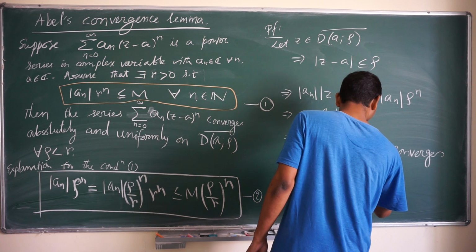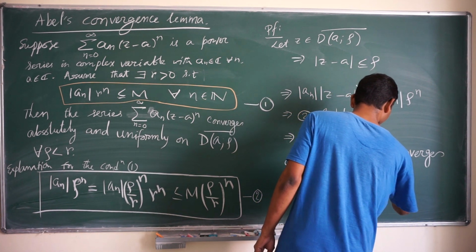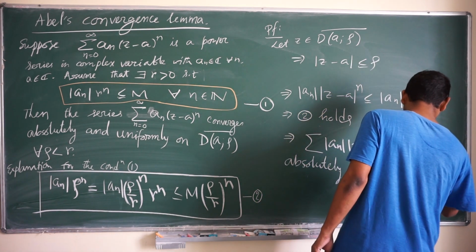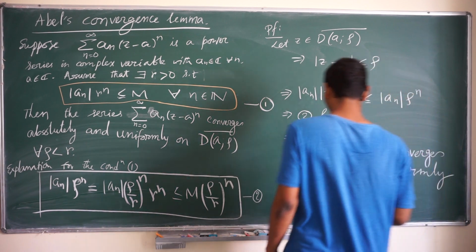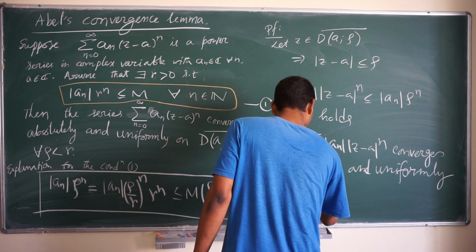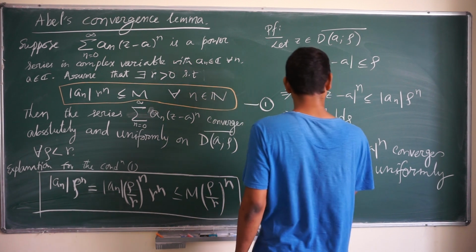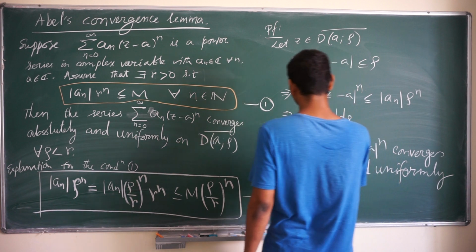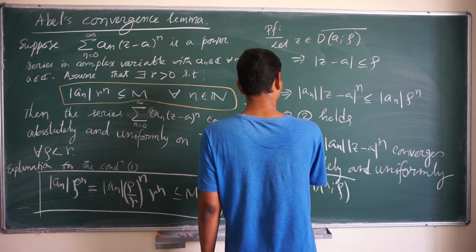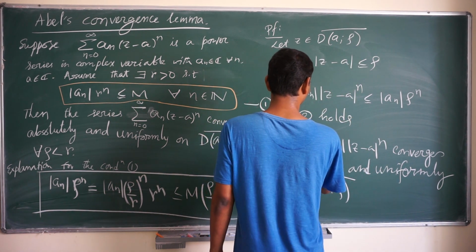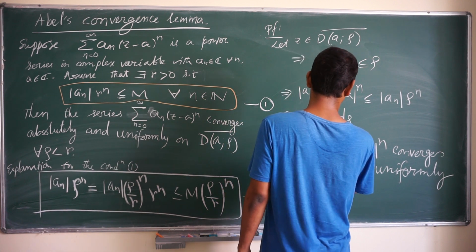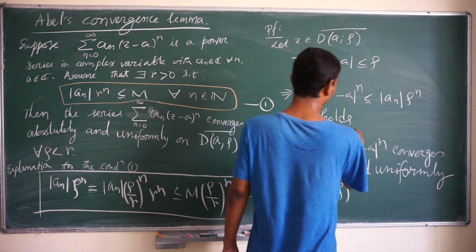and uniformly on the rho closure. So this is by comparison test or Weierstrass M-test.